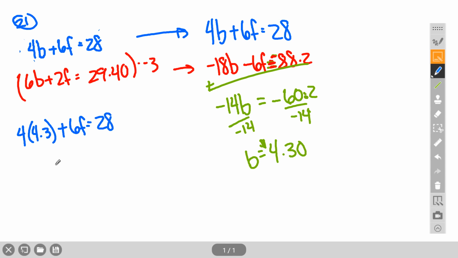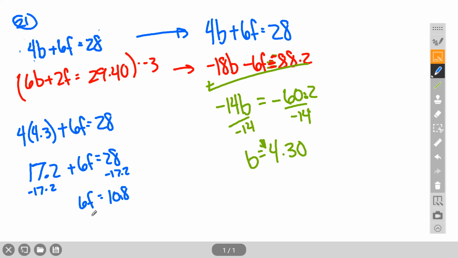So 4 times 4.3, 17.2 plus 6f equals 28. Subtract 17.2. 6f equals, so 28 minus 17.2 is 10.8. We'll divide by 6. So f is 1.8 or $1.80.